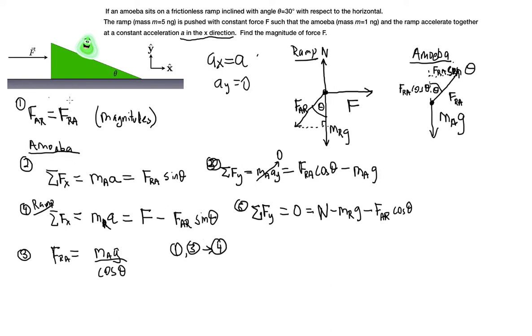And what's going to happen is I can say, well, I've got an expression for the force of the ramp on the amoeba. That's equal to the force of the amoeba on the ramp. And then I can go ahead and come down here and sub in this expression. So then I get that the mass of the ramp times the acceleration is equal to the force minus, and now here comes the equation 3, mass of the amoeba times g over the cosine of the angle times sine theta.